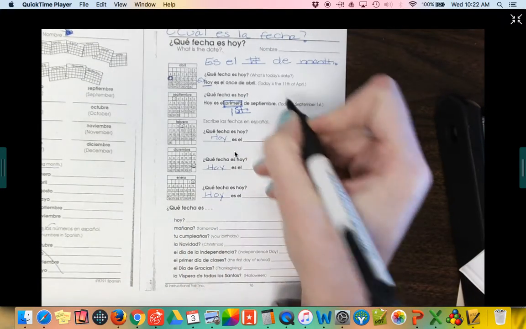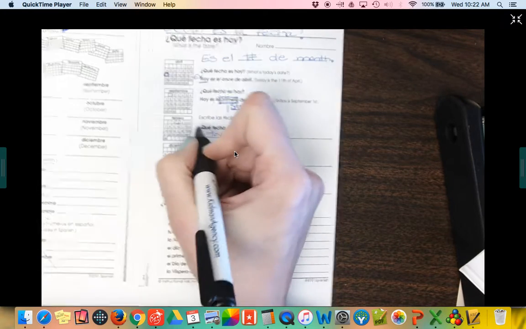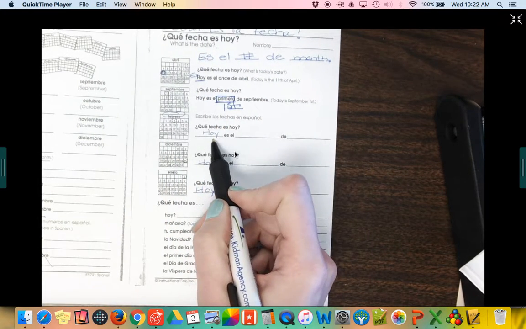Just take a look at the number that's circled. So for example, go ahead and take a second to do this one, febrero. Everybody do this one about febrero on their own.